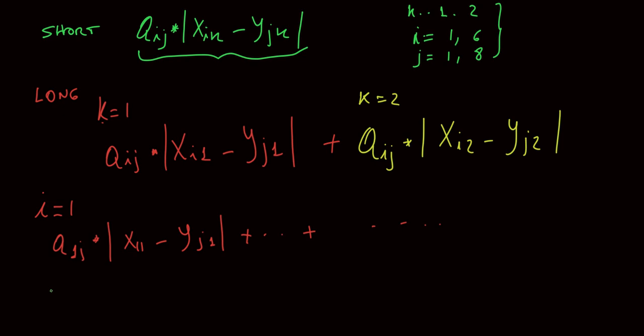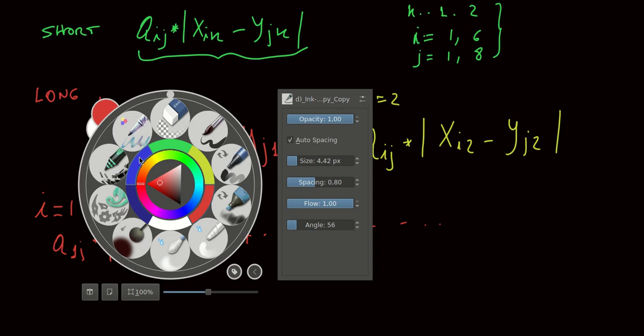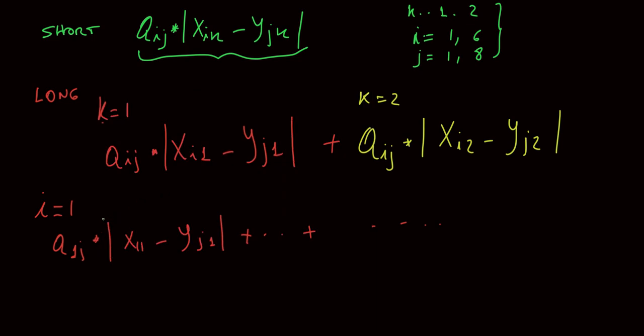So if you expand each one of these terms, let's expand this first term over j. I will use this blue color.